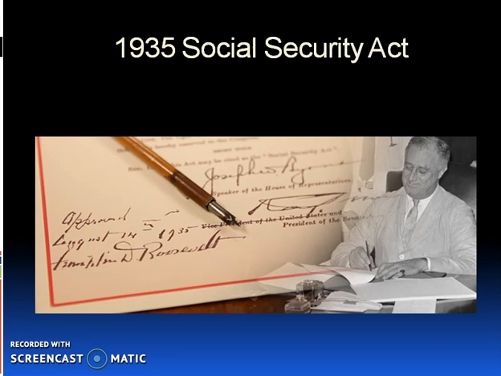So in response, under Franklin Roosevelt, a new Social Security Act was adopted, and a contributory system based on the concept of social insurance. This is not welfare. It's more like an insurance program. So it was based on the pooling of risk for the betterment of society.